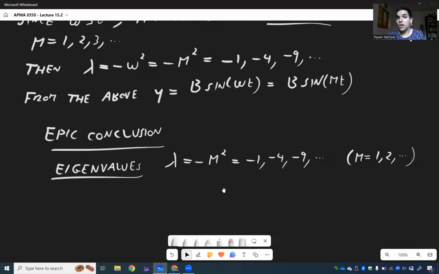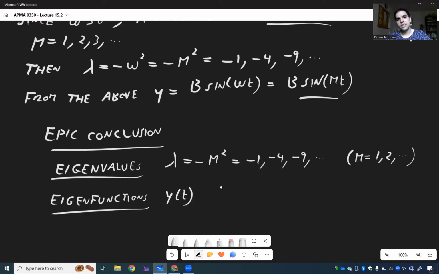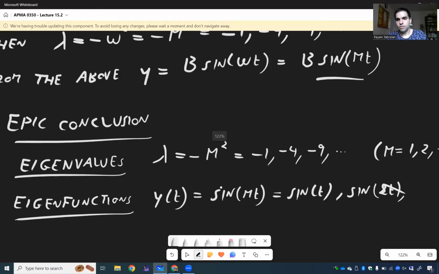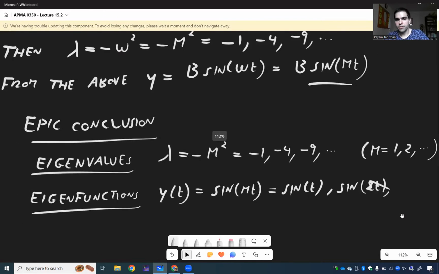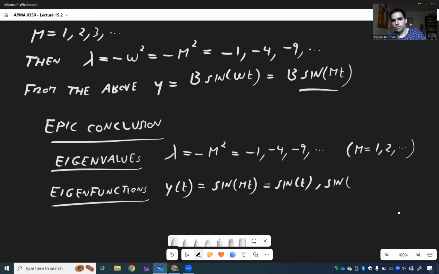And the corresponding solutions, or the corresponding y, is simply sine of mt. And those are called the eigenfunctions. So y of t equals sine of mt, which is really sine of t, sine of 2t, sine of 3t, etc., where again, m is 1, 2, 3.